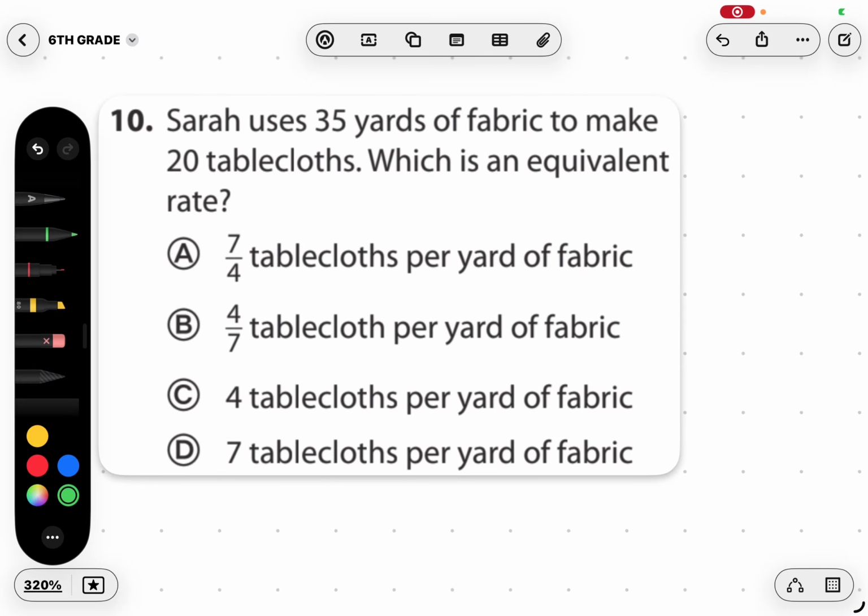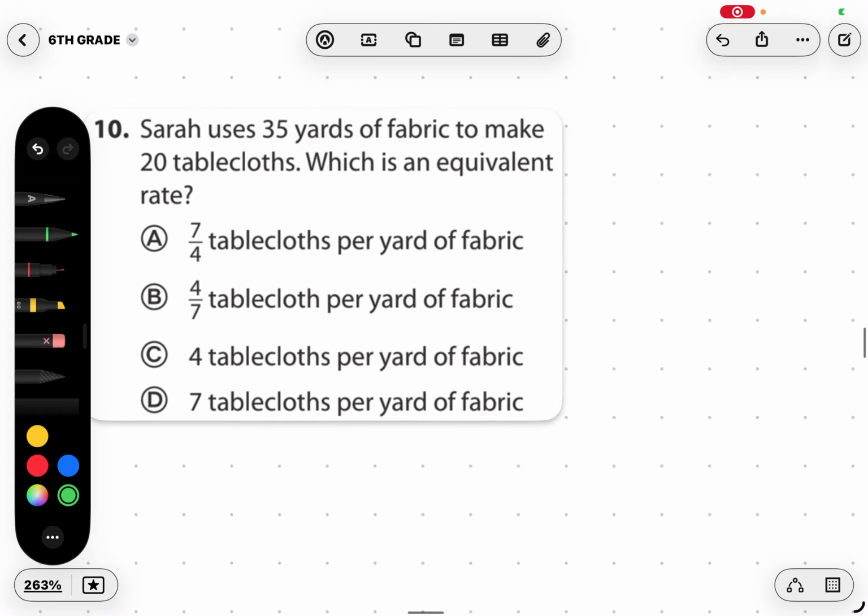Sarah uses 35 yards of fabric to make 24 tablecloths, which is an equivalent rate. All right, so when we have to determine it, we're actually allowed to write it how we want, as long as the units are in the right place and the numbers are in those correct places with them. So we have yards and tablecloths.